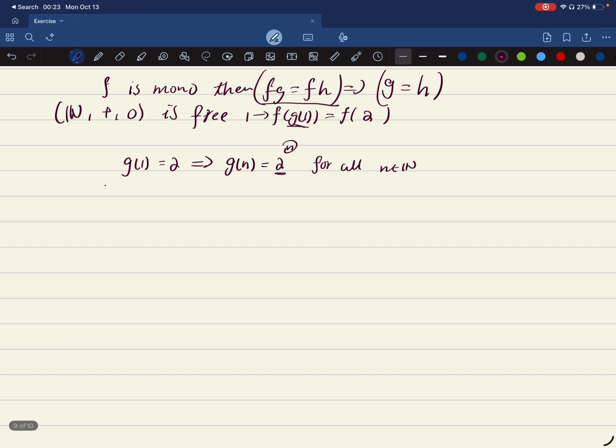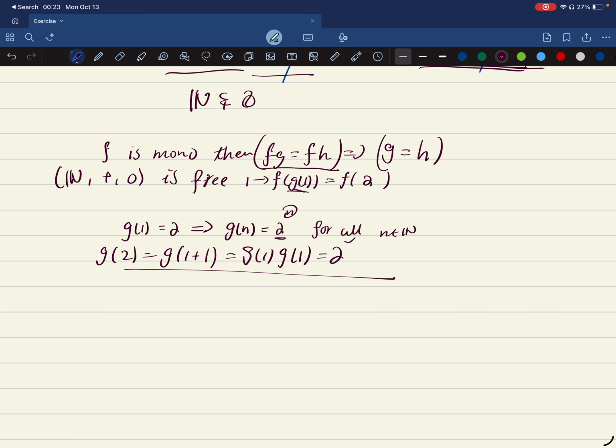Because by the definition of a monoid homomorphism, it has to preserve the structure. So 2 is basically G1 plus 1, because this is a binary operation. So we have G1 G1, which is alpha square.